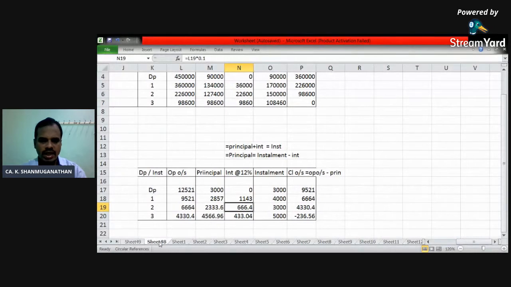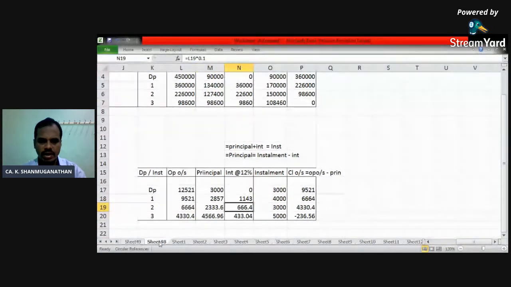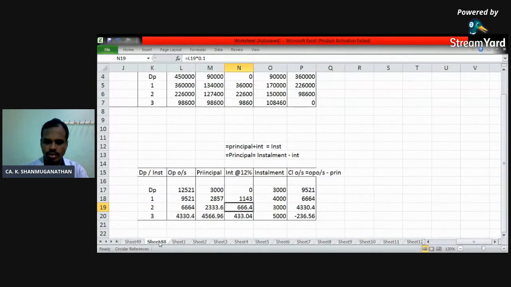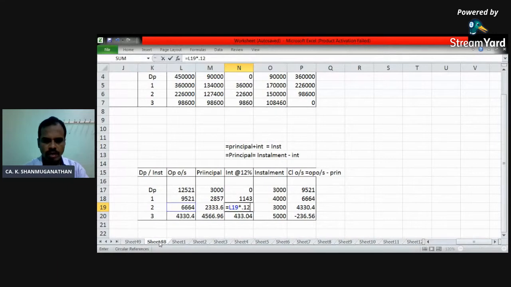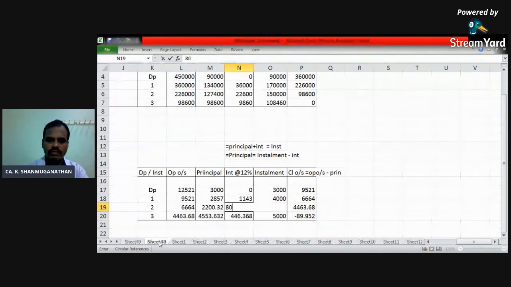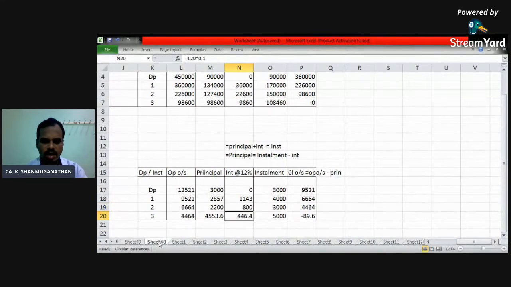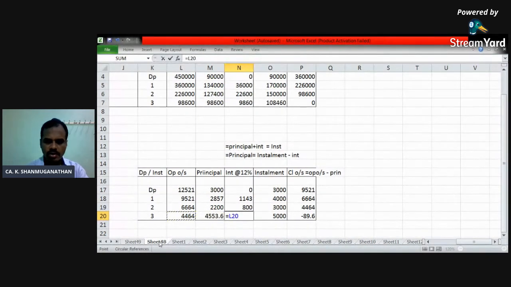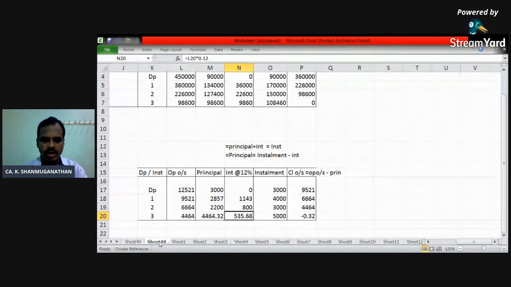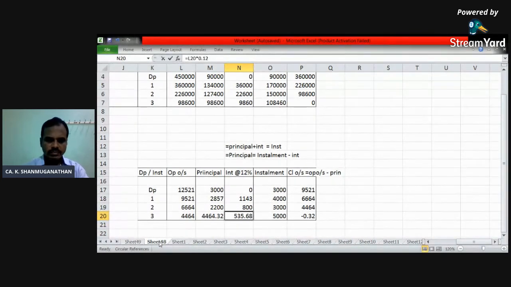And second year also we can compute like this: opening balance into 12%, you will get 800, that's the rounded-off 800. After that, the third installment similarly will tally: 4,464 into 12%, we will be getting 536.